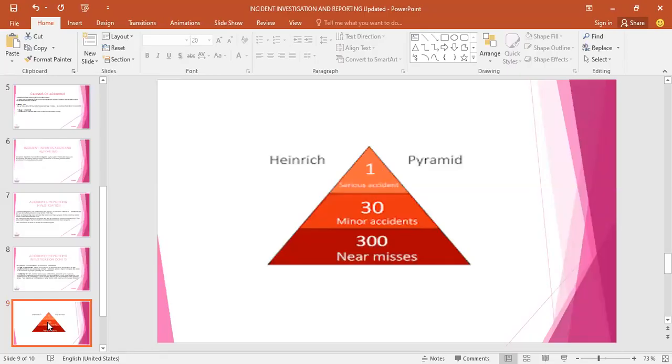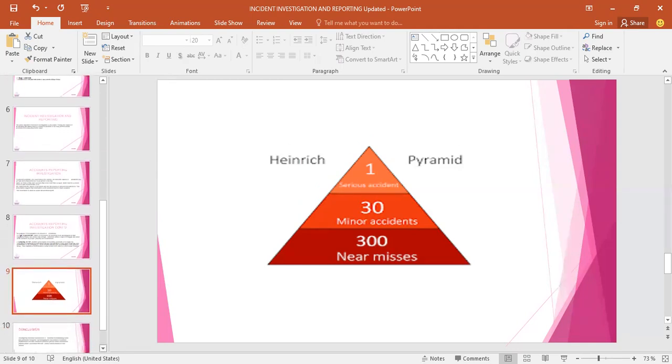And whatever caused 30 minor accidents to occur could have caused a serious accident. So a reduction in near misses translates directly to a reduction in minor accidents. And a reduction in minor accidents will translate to a reduction in serious accidents.